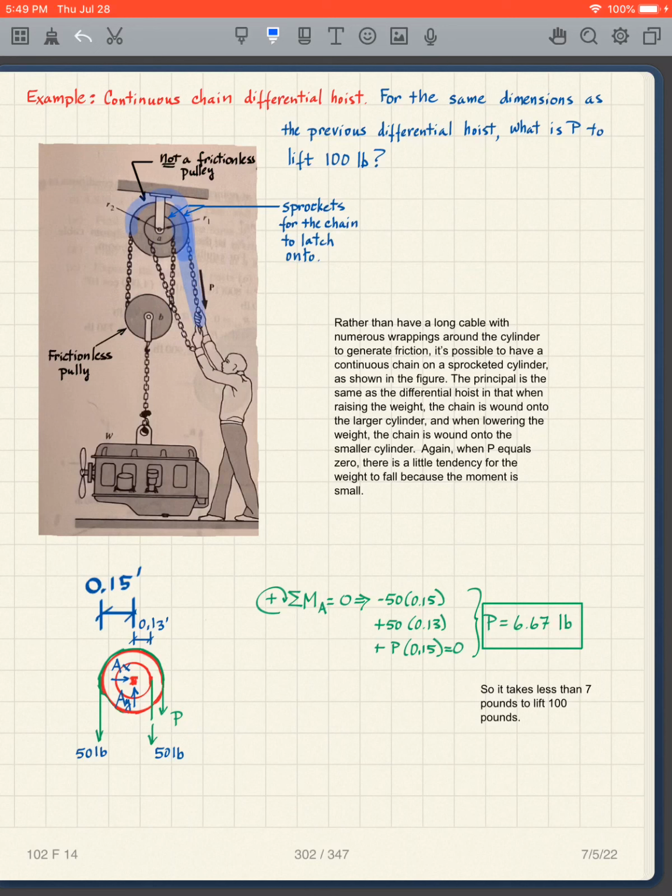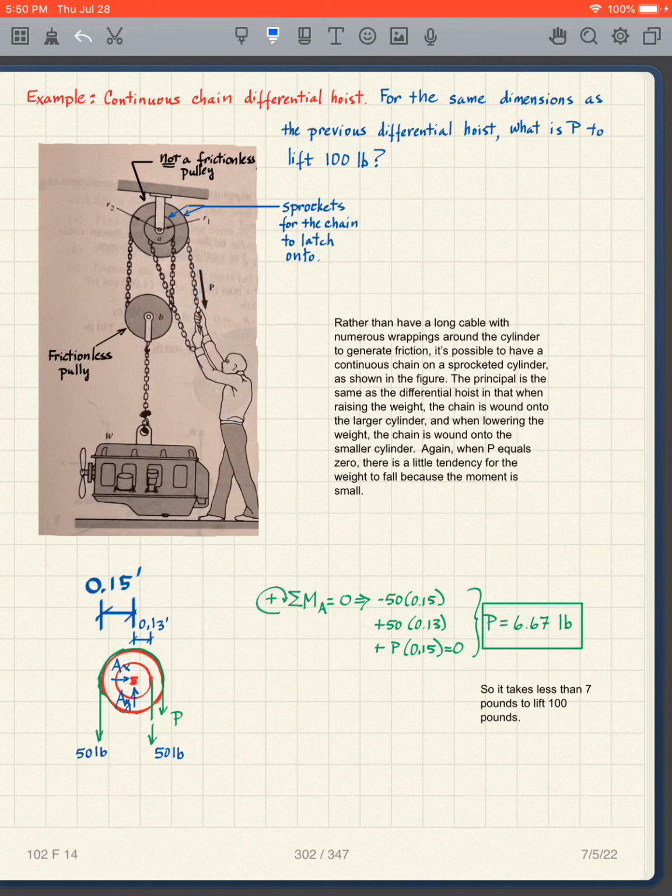So instead of the crank, you're pulling here, and you can create something similar with this, and now you need a little bit more force. For these particular numbers, you end up with 6.67 pounds. This person has to pull with 6.67 pounds to lift that.